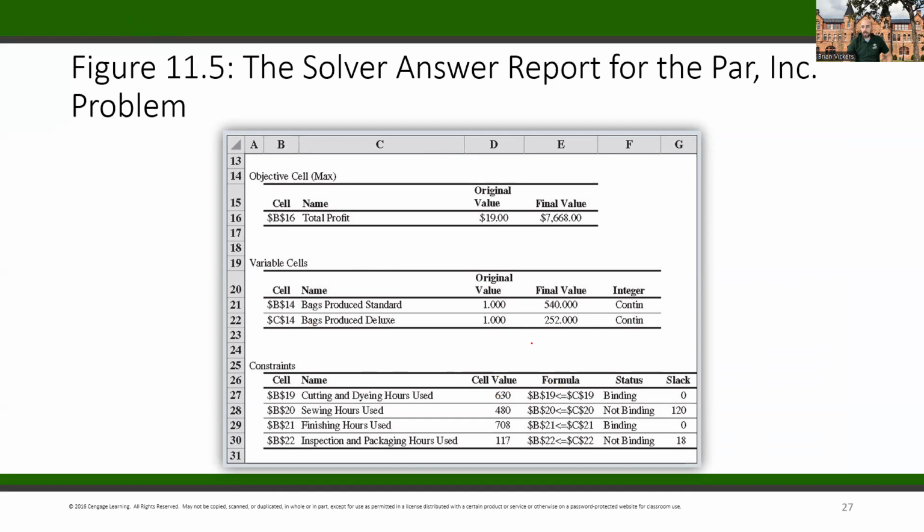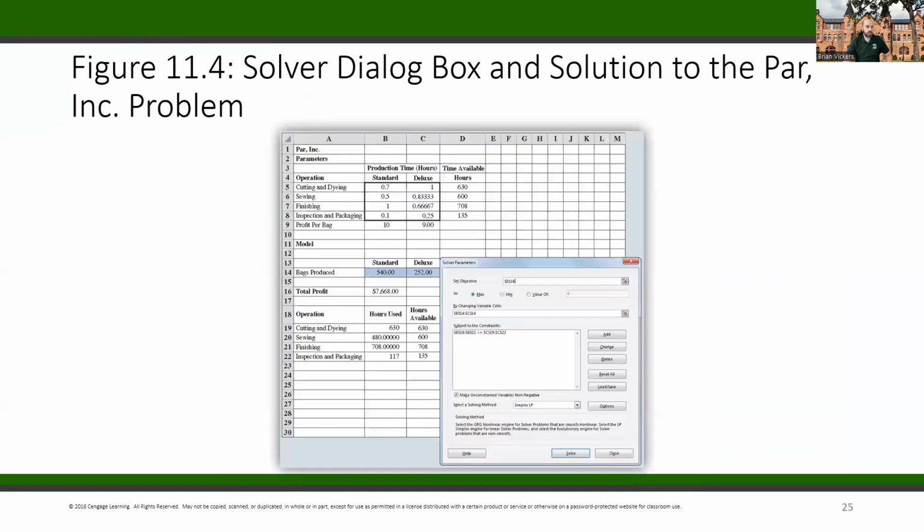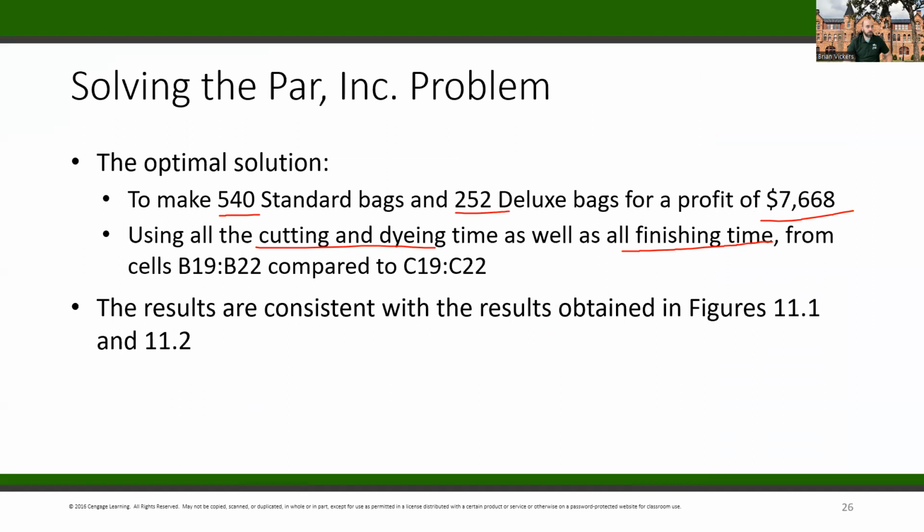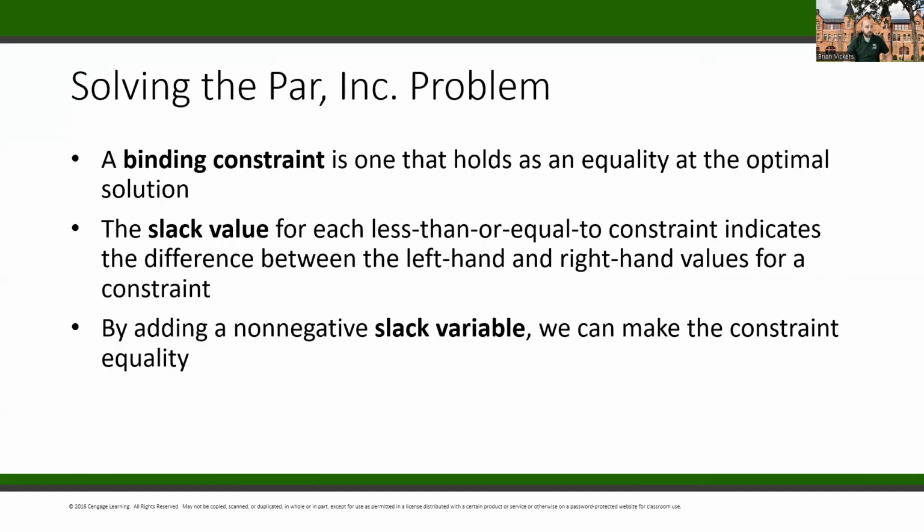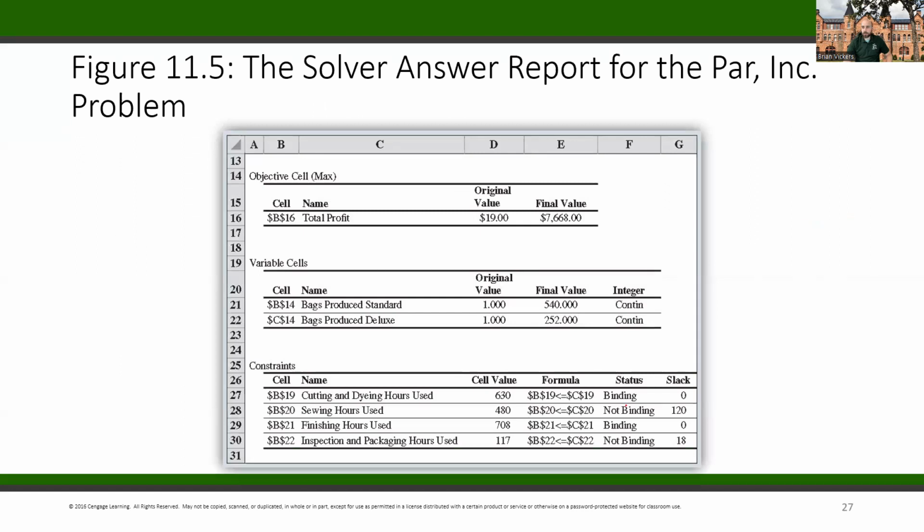What this means is, if you use all of the time available, you can see here that we used all the cutting and dyeing time and all the finishing time. That means we have none available to change, but we still have some sewing time and some inspection time left over.